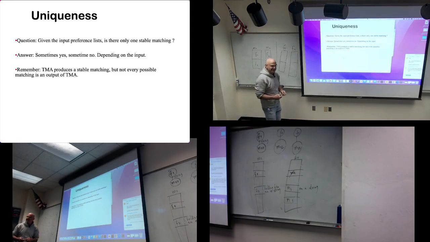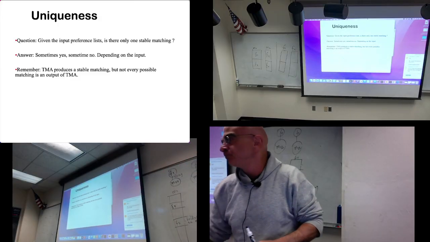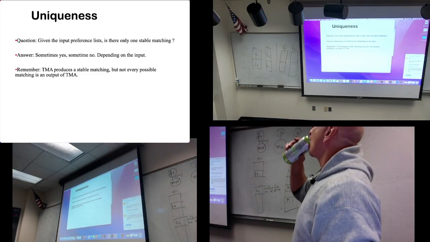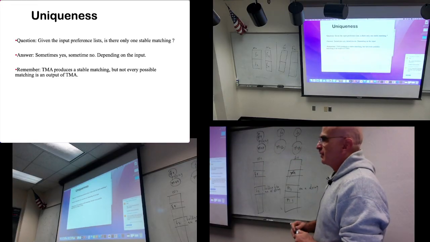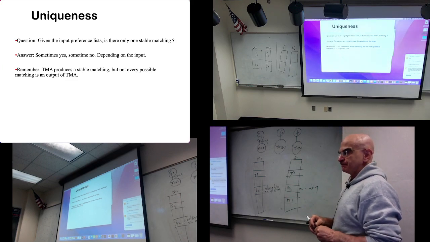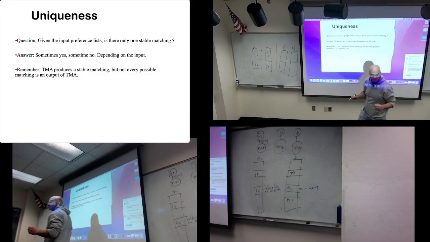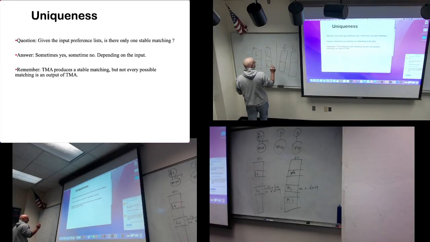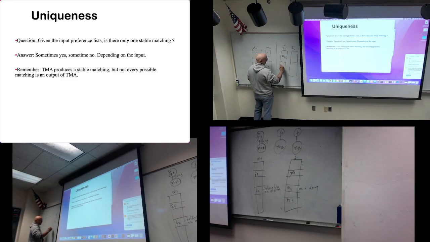Can I generate another stable marriage that is different from this one? Can I generate another stable marriage that you are sure is stable and is different? If I go to female 1, she prefers male 2 over male 1.